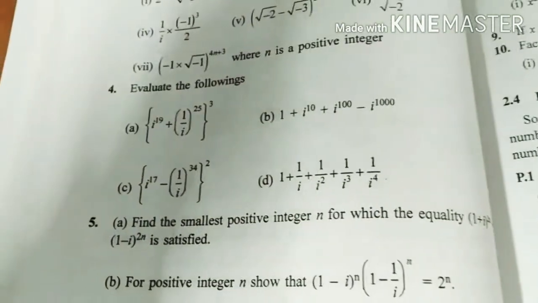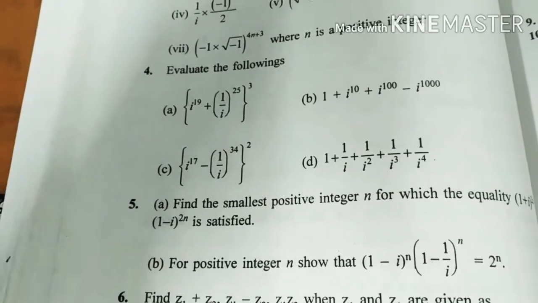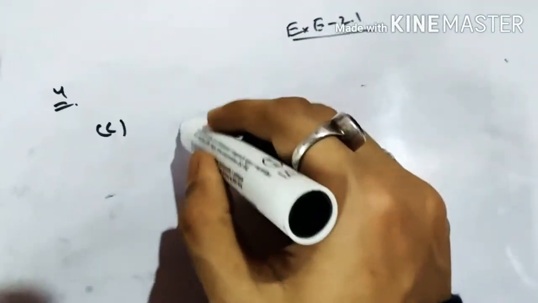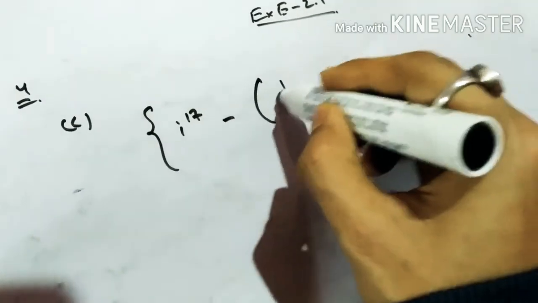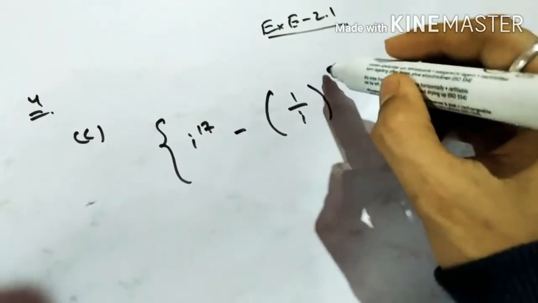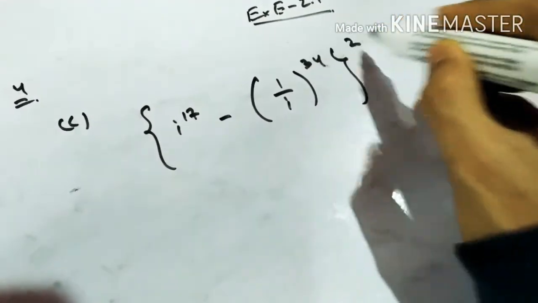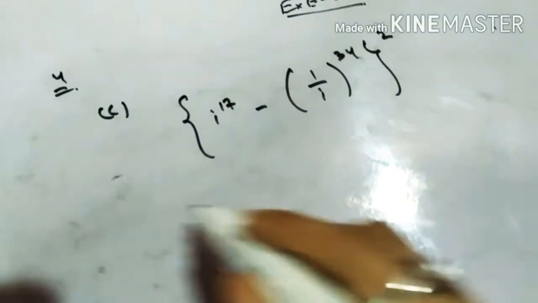Next it is number C. i^17 minus (1 by i^34)^2.